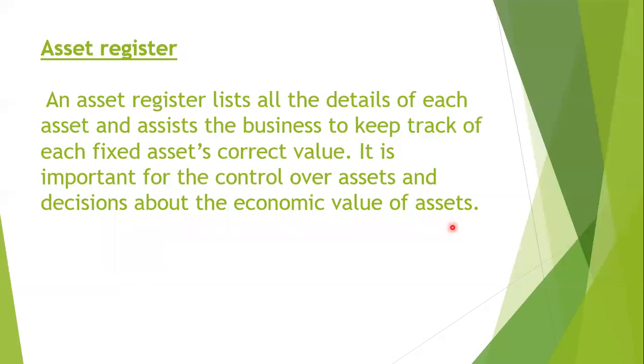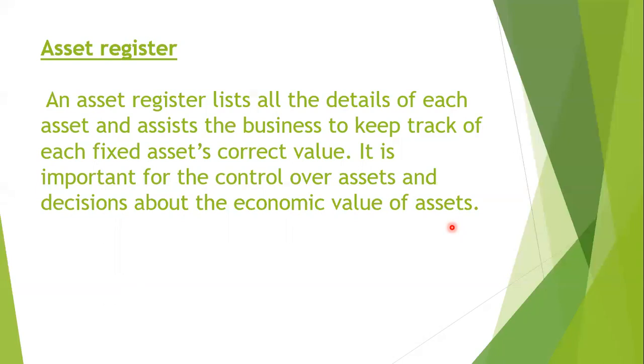So what the asset register actually is, it's a document, or people use books in their business where they write the date that they purchased the asset. They write for how many years they want to use the asset. They write how much percent they would want to depreciate the asset over a certain number of years.